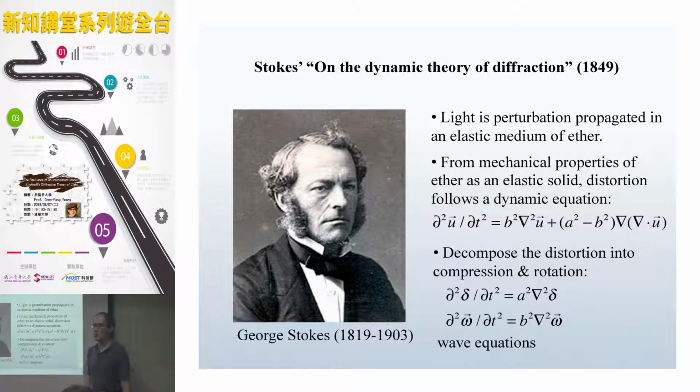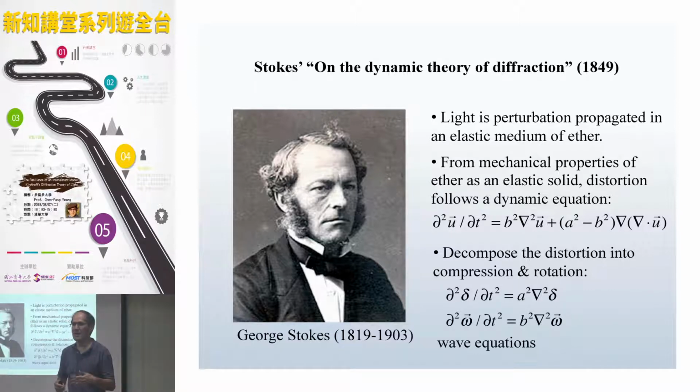You may wonder why he modeled ether as a solid, not a liquid. The simple answer is that at the time people were already familiar with the polarization of light and had figured out that light has polarizations perpendicular to the direction of propagation, and for liquids, it's very difficult to imagine the propagation of a transverse wave, right?